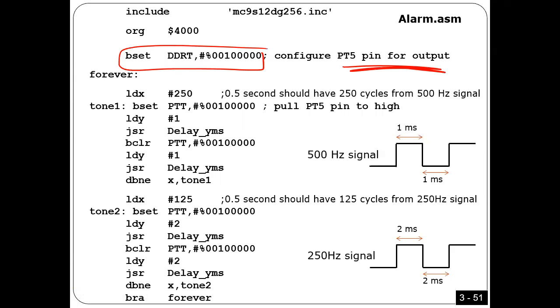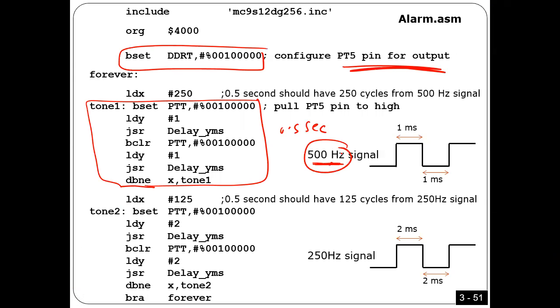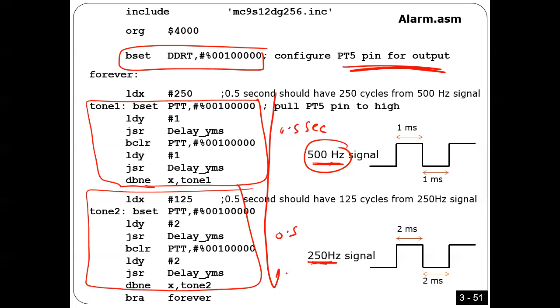Number two, this part from here to here should generate 500 hertz for half a second. And this part of the code should generate 250 hertz for half a second. So from here to here, it's going to take 1 second. And then I'm going to go back to here so that I repeat again.